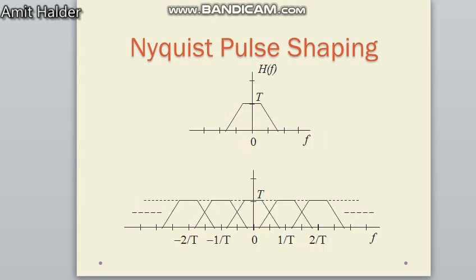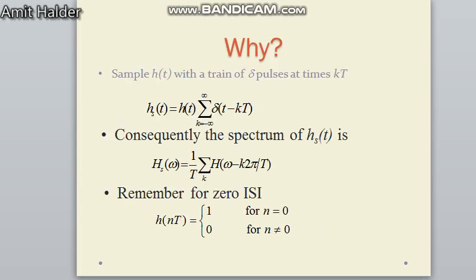Now, what is the Nyquist pulse shaping? So here you can see there is a Nyquist pulse shaping, right? Nyquist pulse shaping includes shaping the pulse so you avoid this kind of superimposed or overlapping situation, to get better results. Just shape the pulse. So why do we do that?